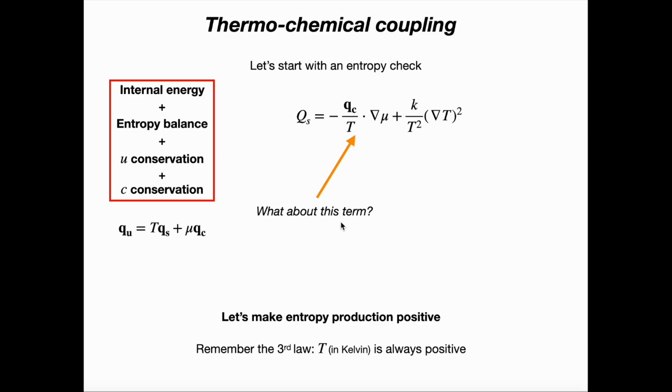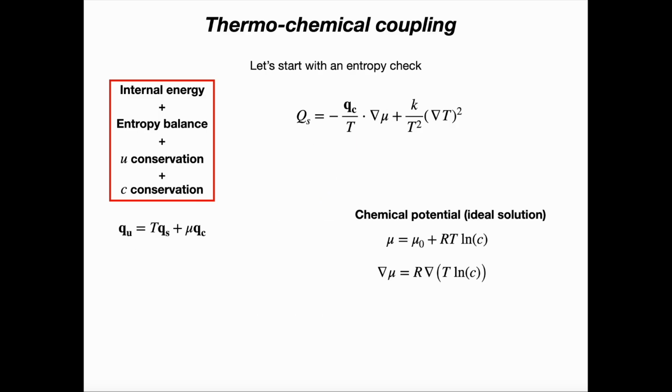Now we need to care about this term here, how to make this term positive. So here it's a bit more tricky because we need to consider the chemical potential. In fact, the chemical potential can take different forms, and in the case of an ideal solution, chemical potential is actually not a simple function.